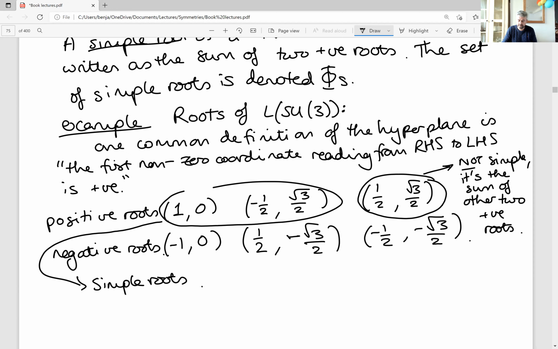Now, as I said, we haven't derived these, but we will do soon. Okay, thanks. We'll go on to derive more properties of the roots and the simple roots next lecture.